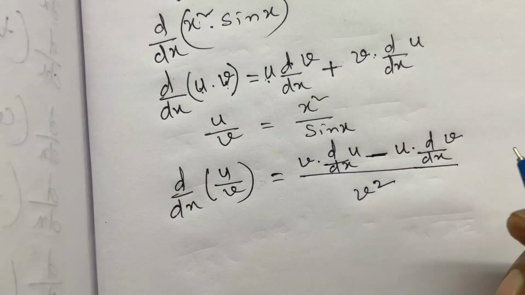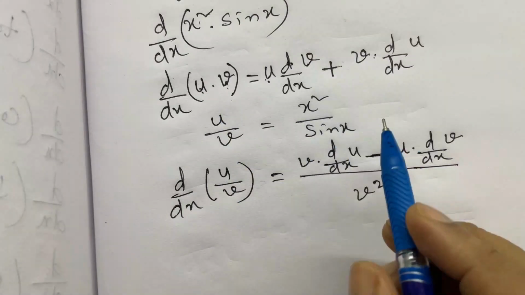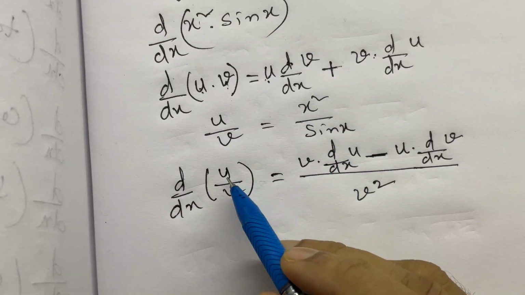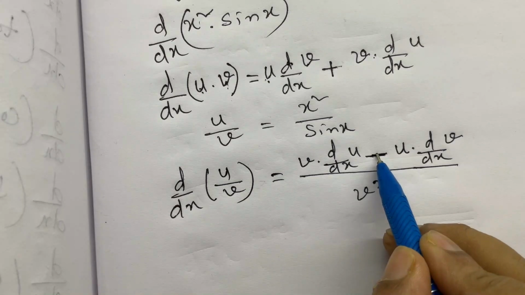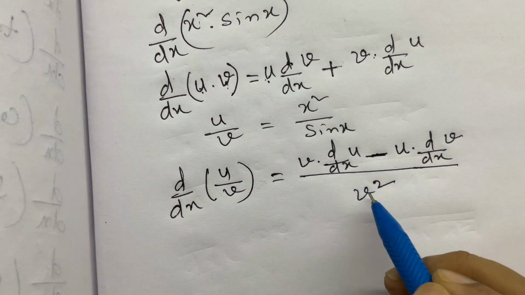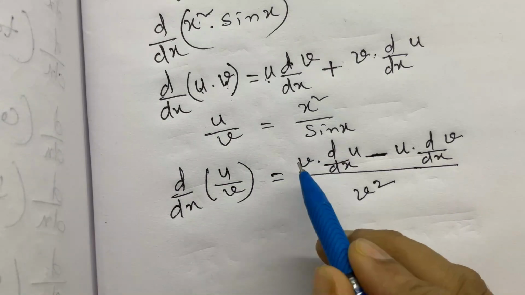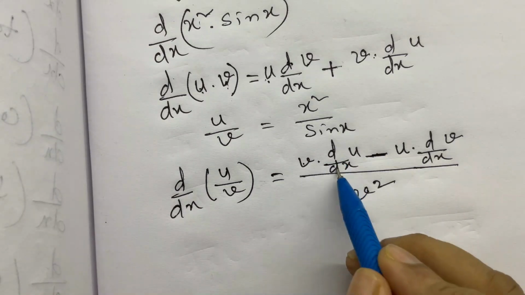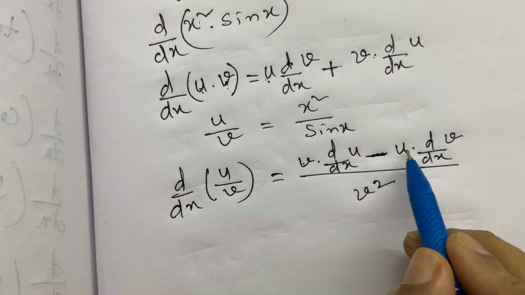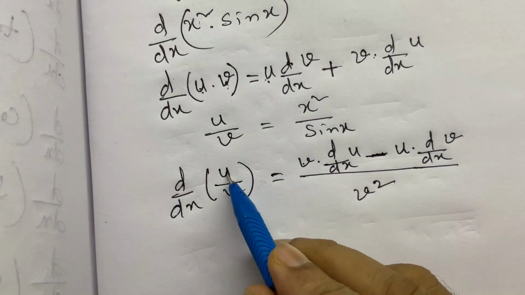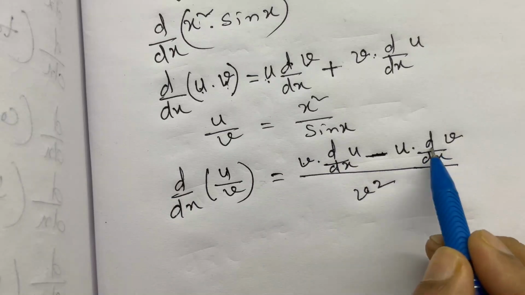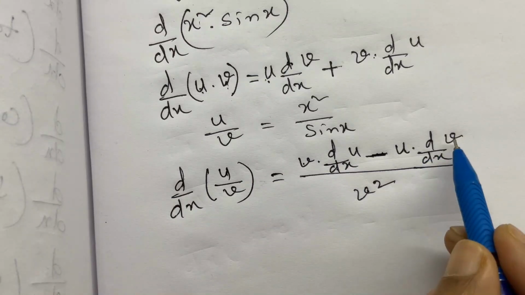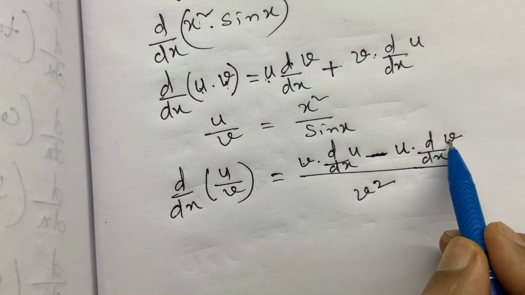In case of product it is a plus, in case of division u by v the sign will be minus. You see here, denominator square, and then keep denominator, differentiation of numerator, minus numerator, whichever was numerator, u was in numerator, so numerator part into d/dx of denominator. So this is the formula.